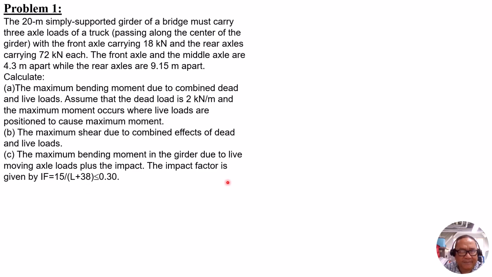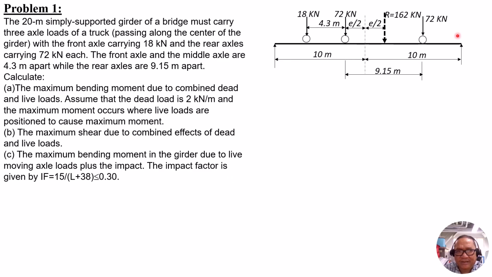So for the maximum moment due to the combined effect of dead and live loads, first let's have the center load and the resultant of the loads positioned at the center line as shown. So let us compute E. 162. So the maximum moment is expected to occur here.